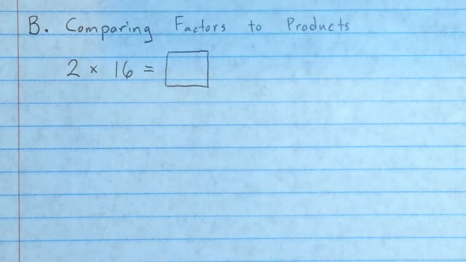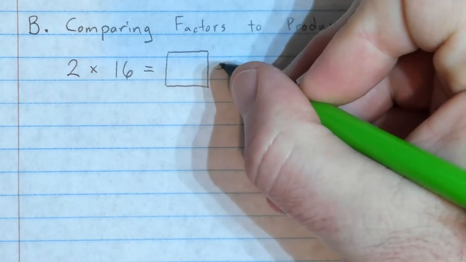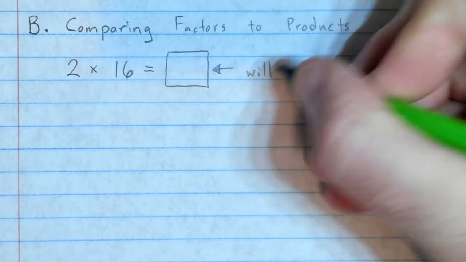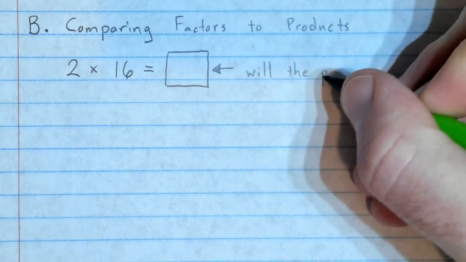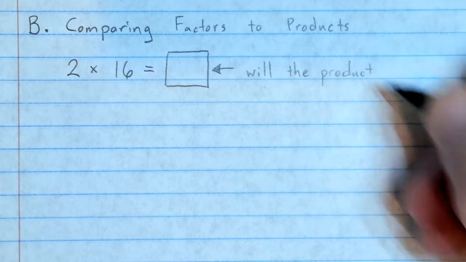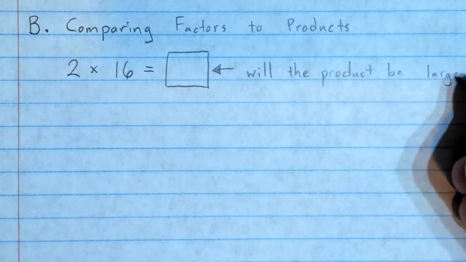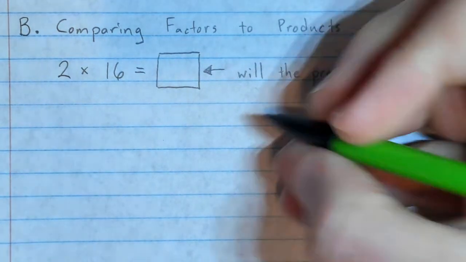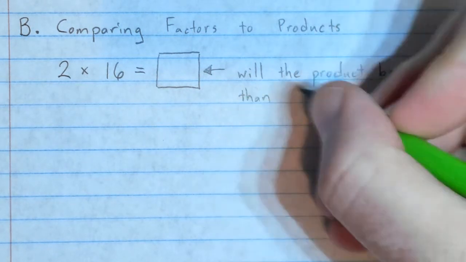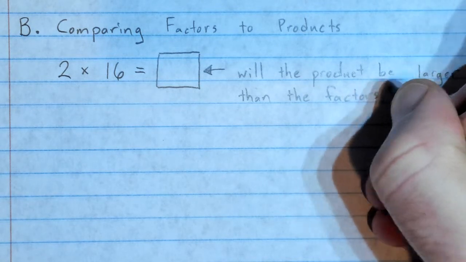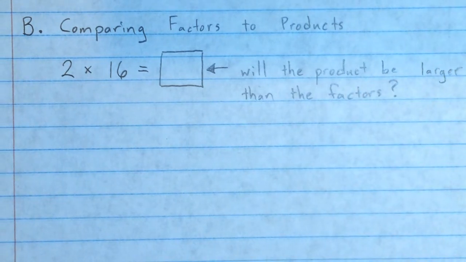Even before we get the product, we can kind of ask ourselves, will the product be larger than the factors? And I already kind of goofed it up, and I told you that, yeah, it will be.